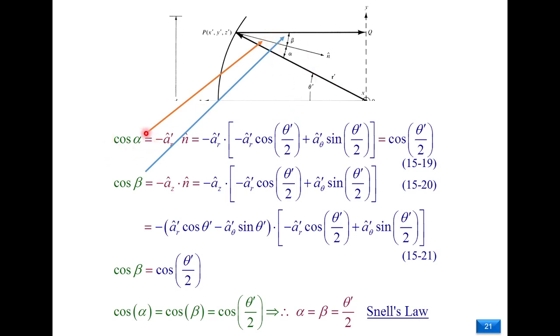We just prove from the math that cosine alpha equals cosine theta prime over 2. Same thing for cosine beta, it equals cosine theta prime over 2. So Snell's law is applicable. The choice of the surface S this way fulfills the geometrical optics and Snell's law, which is that the incident angle and reflecting angle are equal to each other.